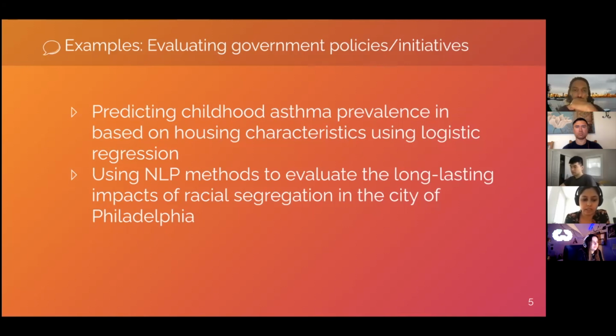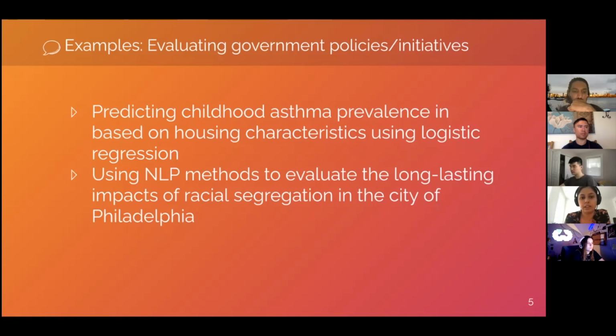Their goal is to make sure that housing is available and affordable, and there are some government programs that offer subsidized housing to people based on their financial need. And so what this project undertook was: is this housing that's being provided actually safe, and are there potential issues where asthma is more prevalent in certain types of housing, and how should we understand that?